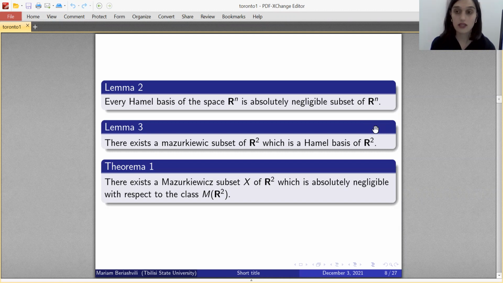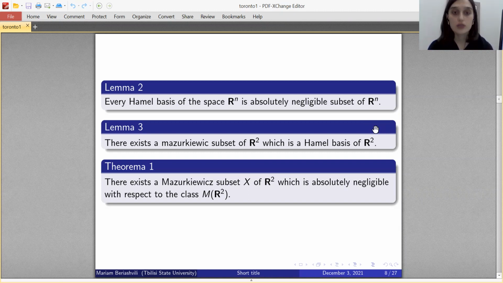When we say there is a Hamel basis, we mean a basis of R constructed as a vector space over the rational numbers. Every Hamel basis of the space R^n is an absolutely negligible subset.